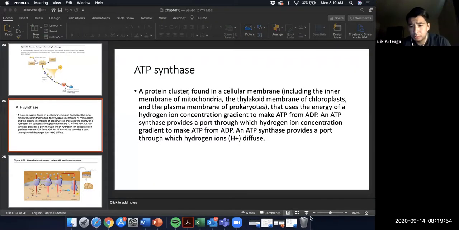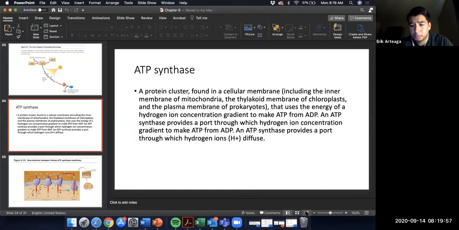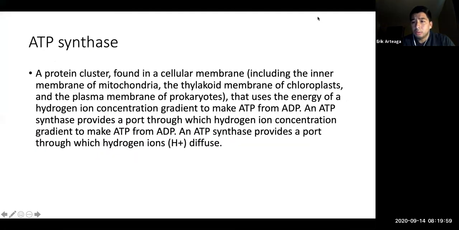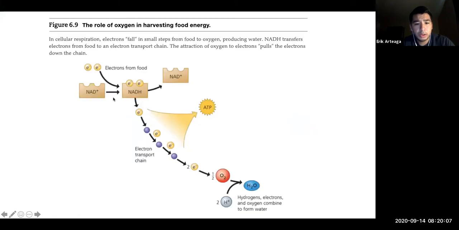But we'll start off with chapter 6 where we left off. I believe it was here, ATP synthase. All right. So I think we covered here the electron transport chain. The electron transport chain is going to be utilized again to harvest, it's going to produce an electrical chemical gradient, which will then be used to harvest ATP.